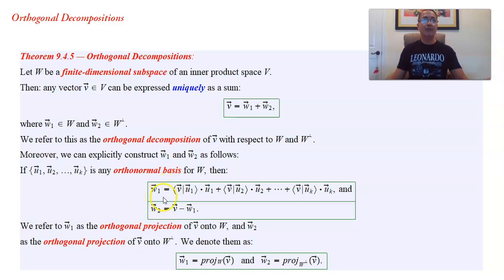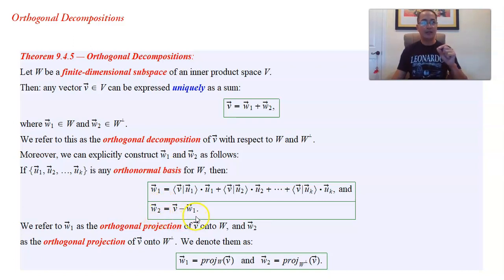Then W1 will be the inner product of V with U1 times U1 plus the inner product of V with U2 times U2, and so on, up to the inner product of V with the last basis vector UK times that basis vector UK. How do we get W2? Arithmetic. Simply subtract W1 from V.